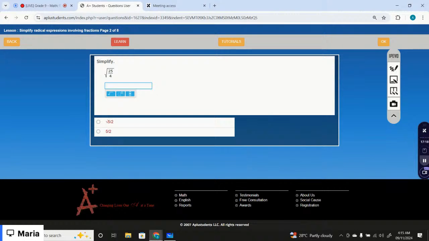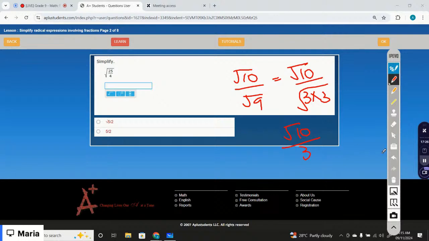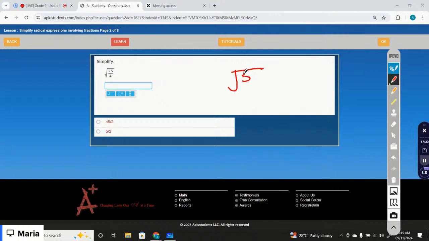Simplify square root 25 divided by 4. Which is the correct option? 5 times 5 divided by 2 times 2. So you can write it as 5 square divided by 2 square.